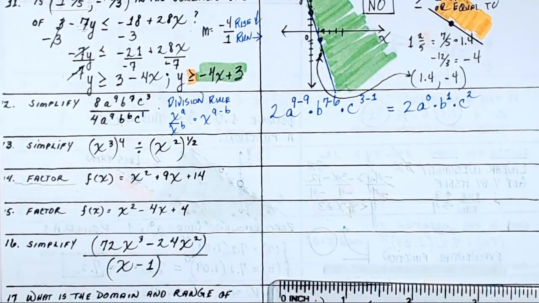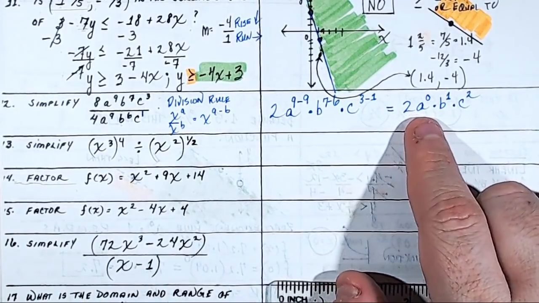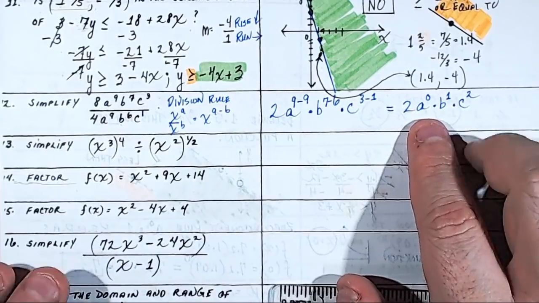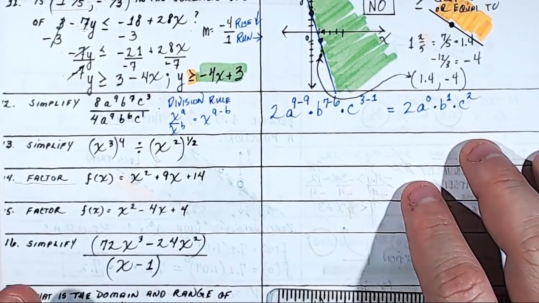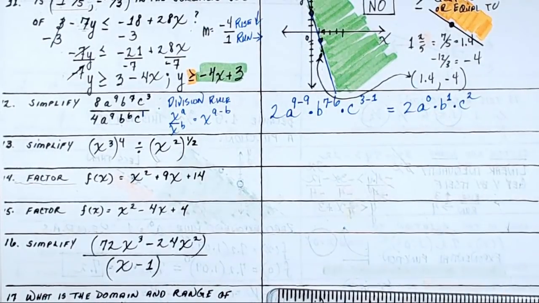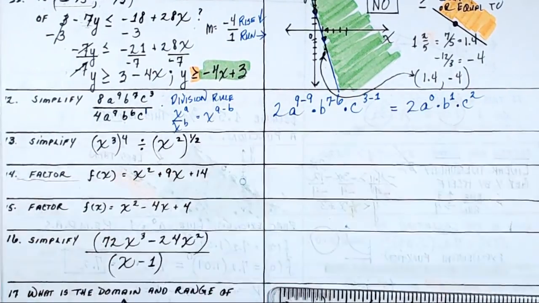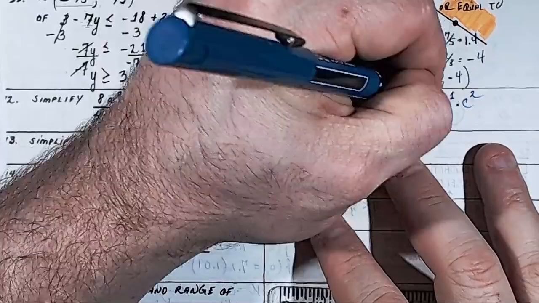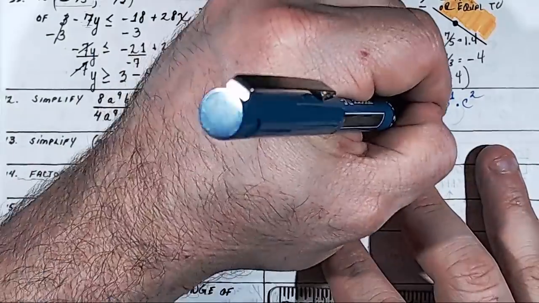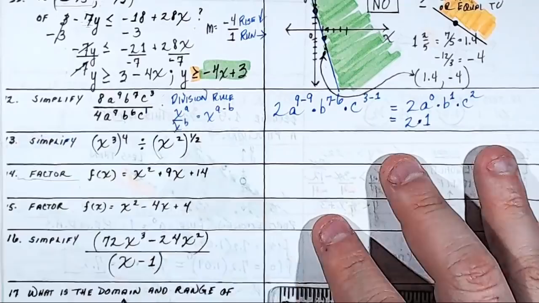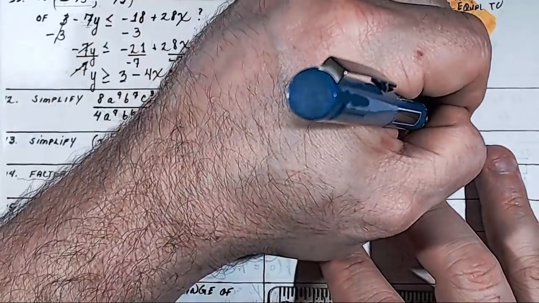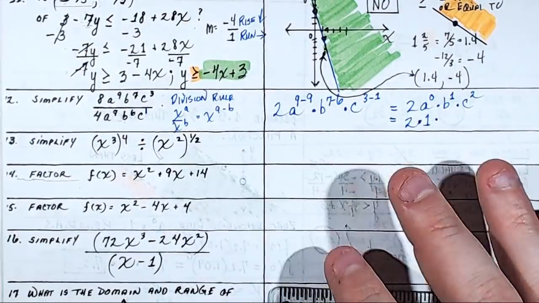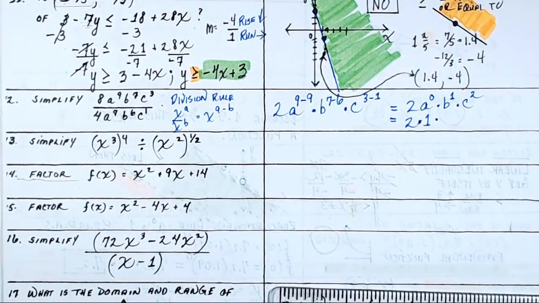Now, a couple of things coming into play here. The zero exponent rule is at work right here. Remember the zero exponent rule: anything raised to the 0 power is 1. So a raised to the 0 power must be 1. So further simplification, 2 times 1, replacing a to the 0th power with a 1. Times b, now b to the first power, we don't have to write that 1, it's just understood.